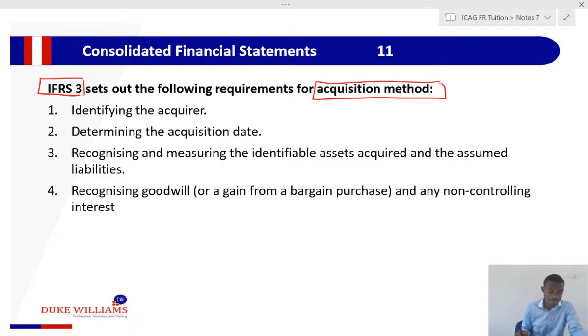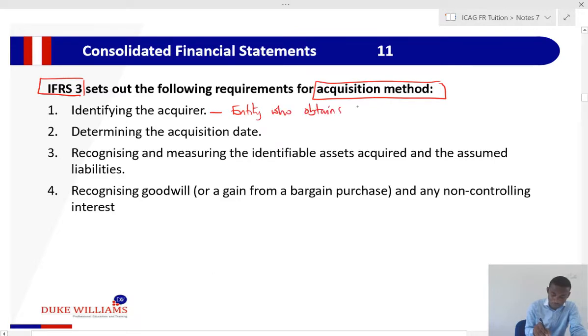Now, when we say identifying the acquirer, it is often the entity who obtains control from the combination. You see, it is business combination. So after the combination, the entity who obtains control is the acquirer, and that entity becomes the investor.